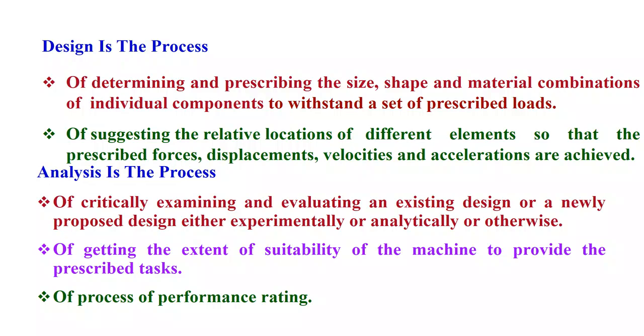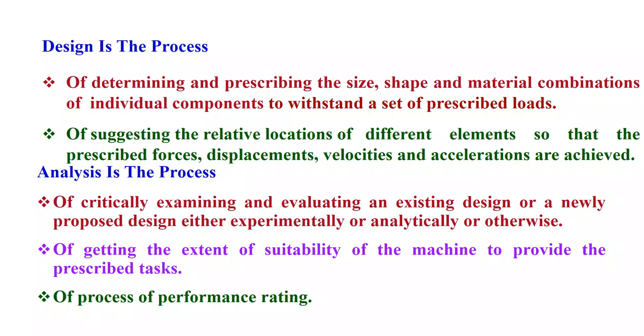In the last video we discussed that nodes can give an input or take an output from the elements. So at different locations the elements provide a force or displacement, so that the displacement, velocity, and acceleration are achieved.